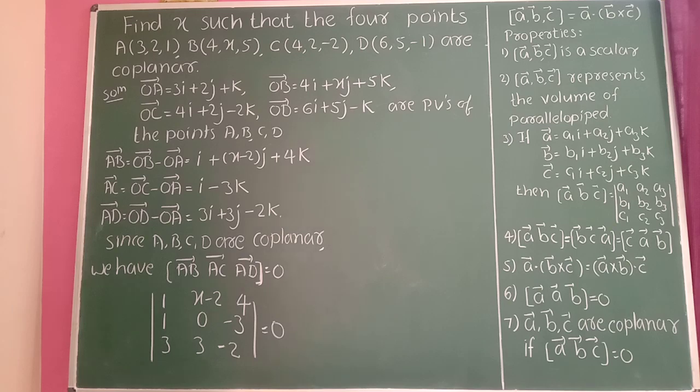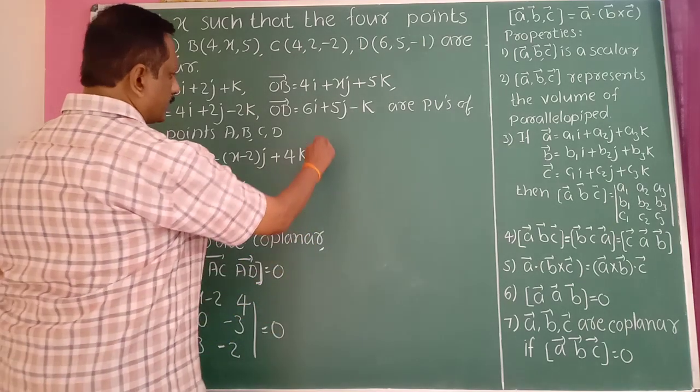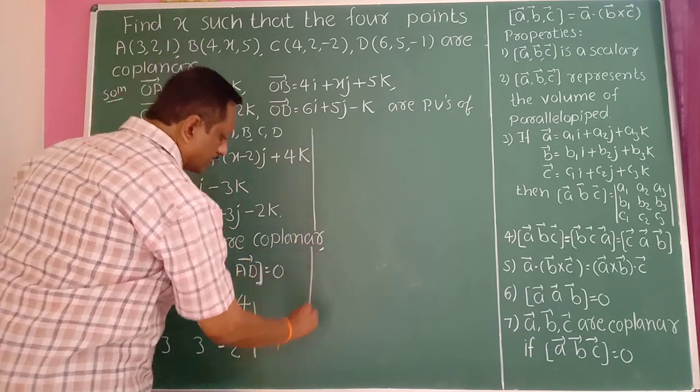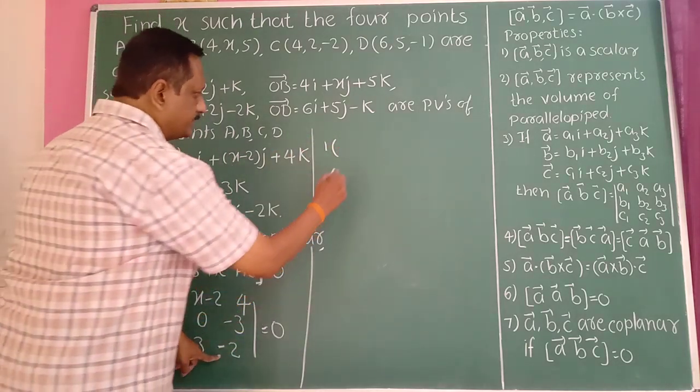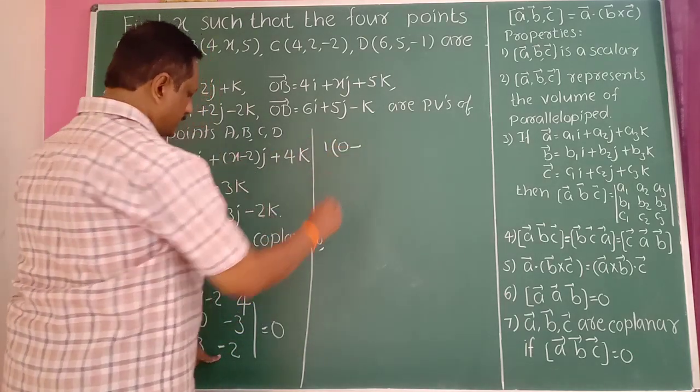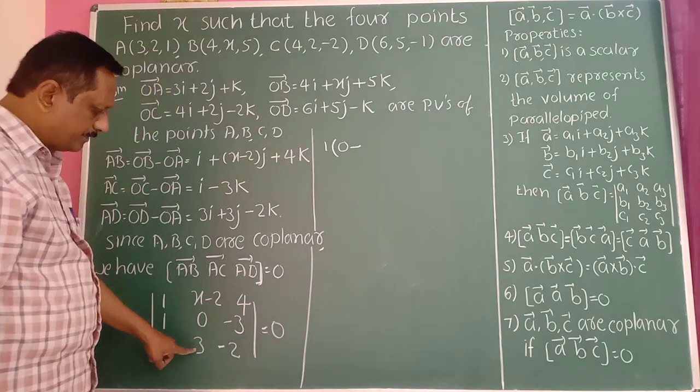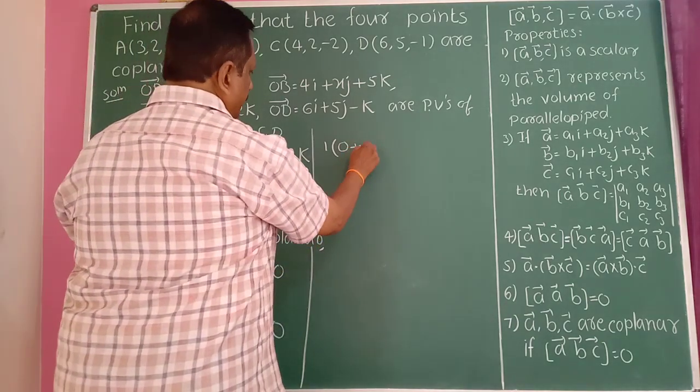Then expand it here. So 1 into (0 into minus 2 becomes 0, minus of 3 threes are 9, minus 9, minus minus plus 9) here.